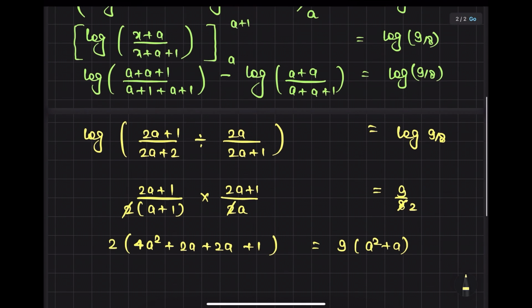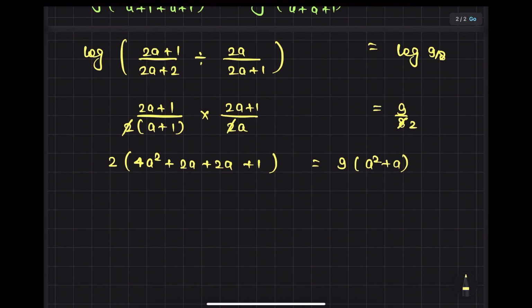We have to simplify things. We have no other choice. So we got 8a square, this is 4a, so it will become 8a plus 2 equals 9a square plus 9a.